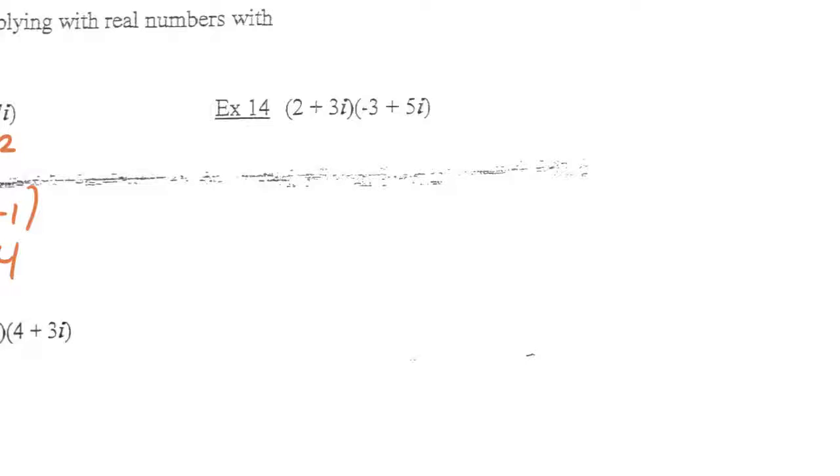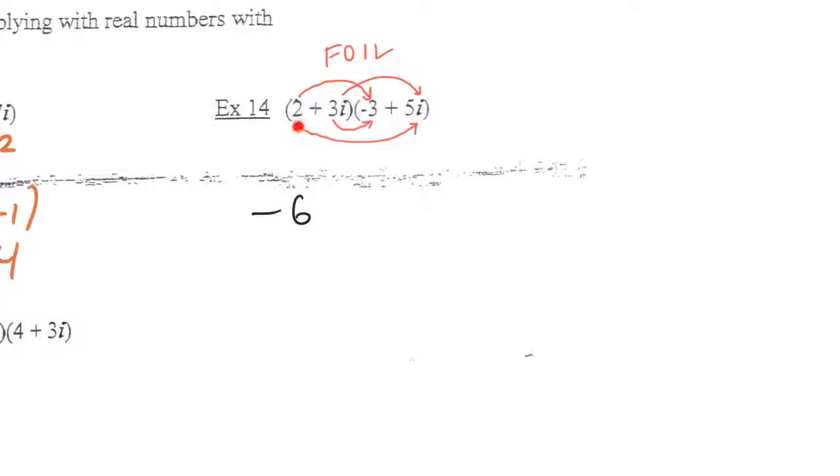So in this case, you may recall that we have to FOIL something that looks like this, right? We have to multiply first times first, outer times outer, inner times inner, and last times last, right? This is why we call it foiling, F-O-I-L, for first, outer, inner, last. And so we've got to go through that process here. You may have learned it a different way, but you just have to distribute everything out, right? So when I multiply the 2 times the negative 3, that first term is a negative 6.